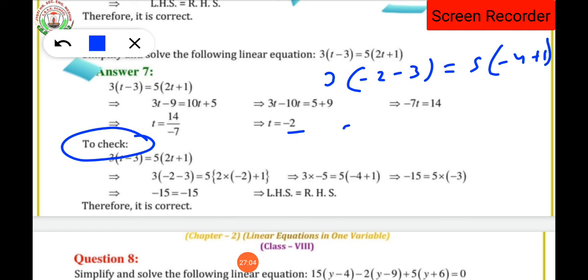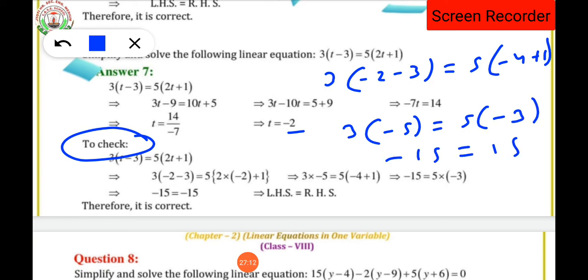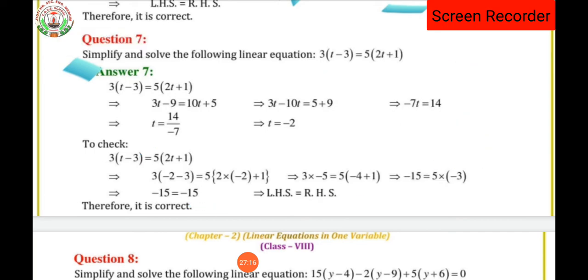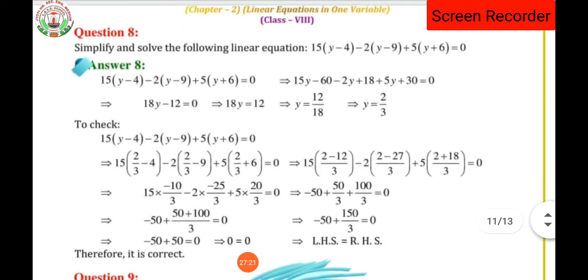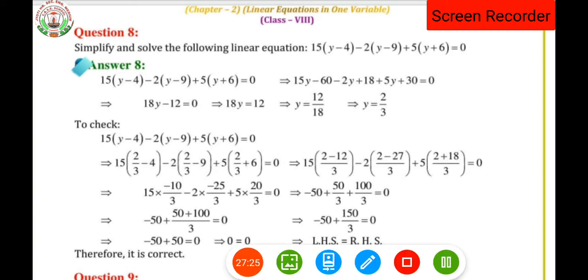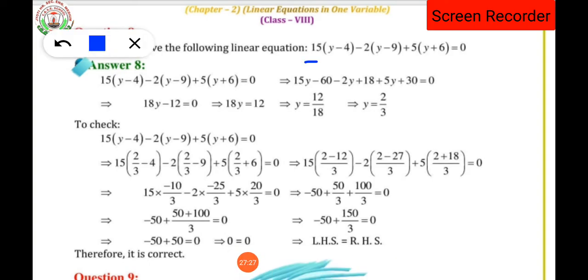Okay, so minus 6 minus 9 is minus 15, and 5 into minus 3 is minus 15. So here minus 15 is equals to minus 15. LHS and RHS will be equal. Hence the solution t is equals to minus 2 is correct. Clear everyone?